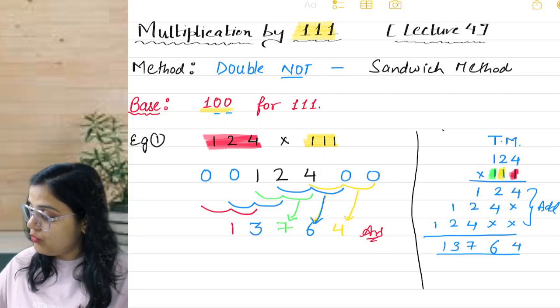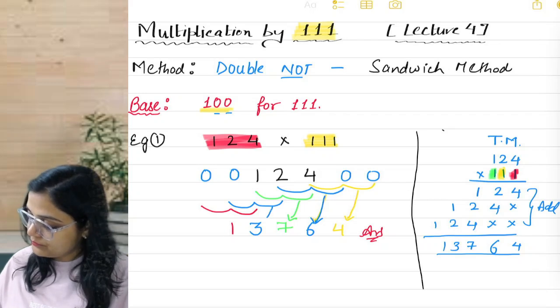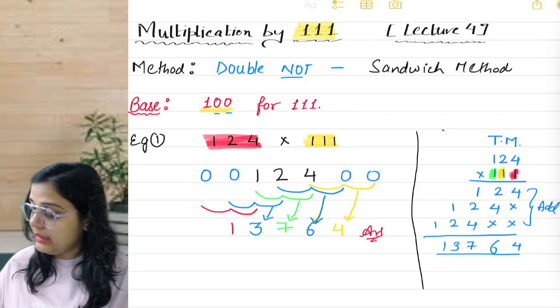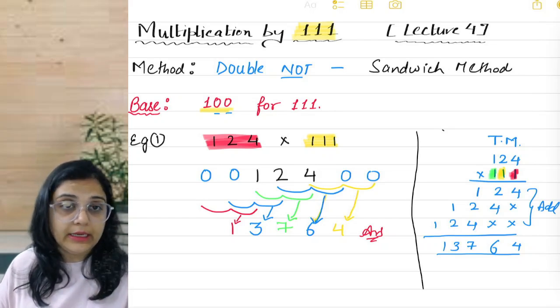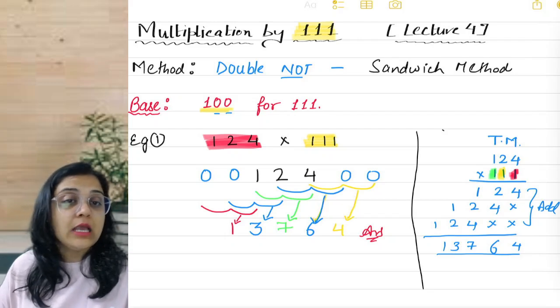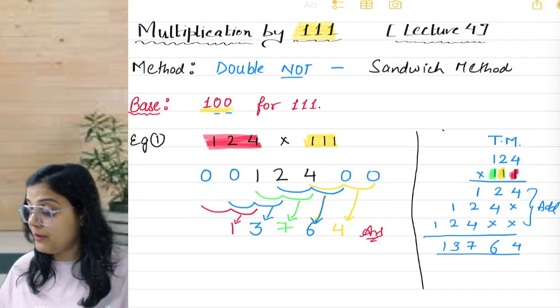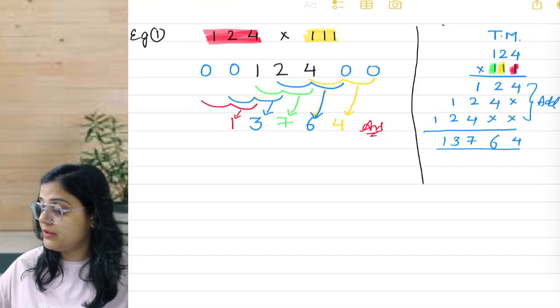Then again blue, that is 3, and lastly we have these red. Maybe you have not understood it very clearly right now, but it's okay. I'll keep doing questions with you until I'm sure that you are able to understand everything. So let's move to the next example without any further delay.